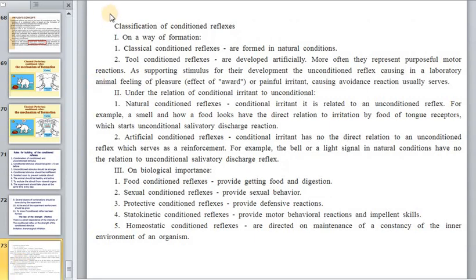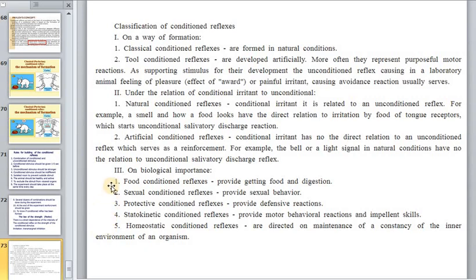And here we see some classification of conditioned reflexes. On the way of formation, we have classical conditioned reflexes and instrumental conditioned reflexes, and by the relation of the conditioned to the unconditioned, natural and artificial conditioned reflexes, and by biological importance: food conditioned, sexual, protective, statokinetic, homeostatic reflexes.